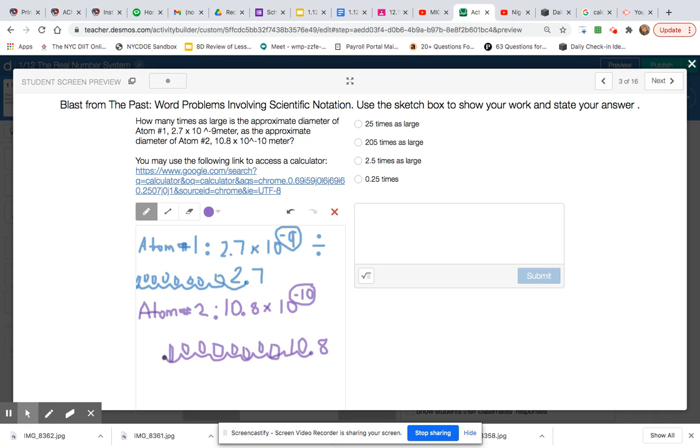So now to figure out how many times as large atom 1 is to atom 2, I'm going to divide these numbers. So it's going to be 0.00, 1, 2, 3, 4, 5, 6, 7, 8.